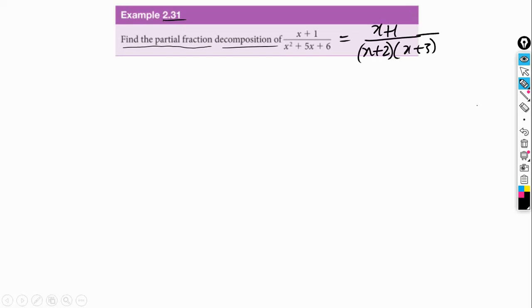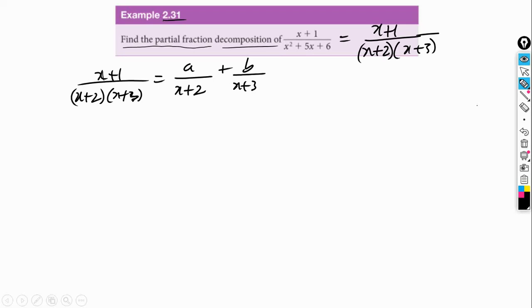So what we do is then decompose this by saying that x plus 1 over x plus 2 times x plus 3 would be equal to a over x plus 2 plus b over x plus 3.